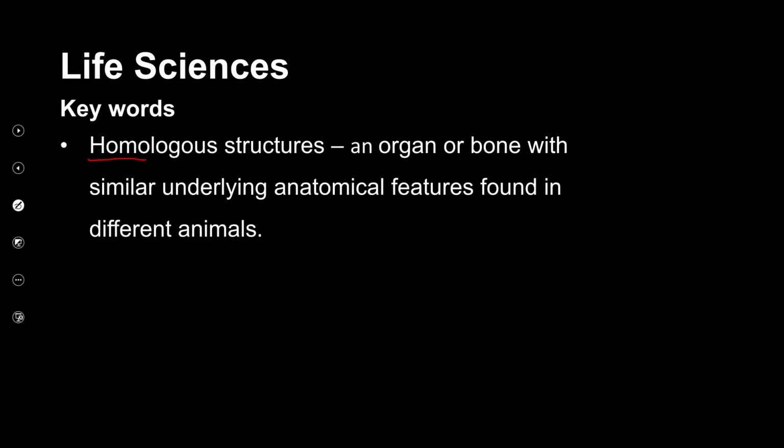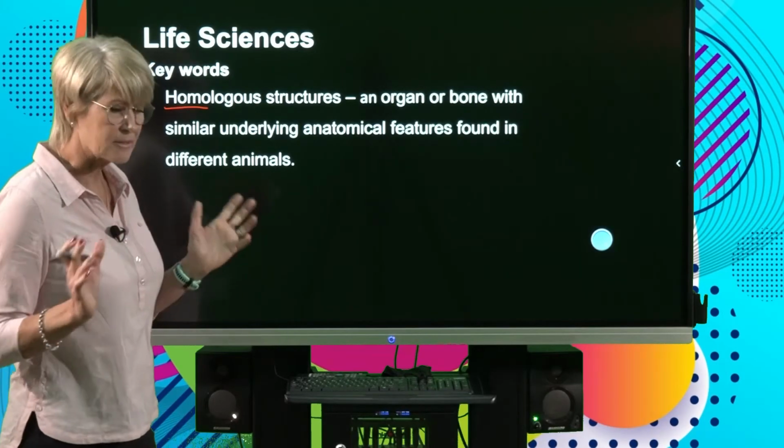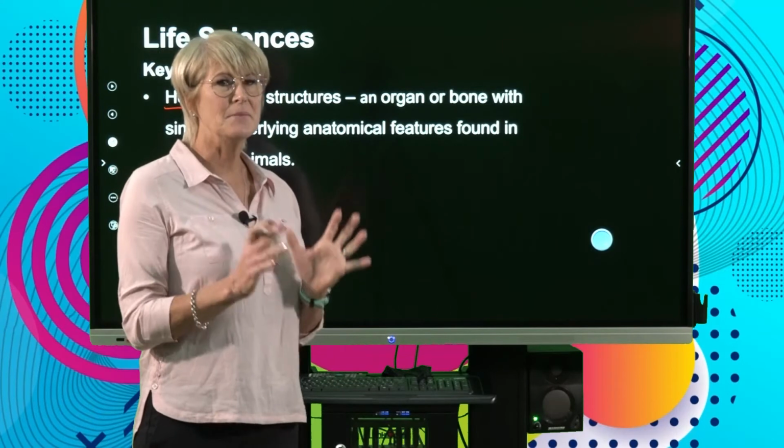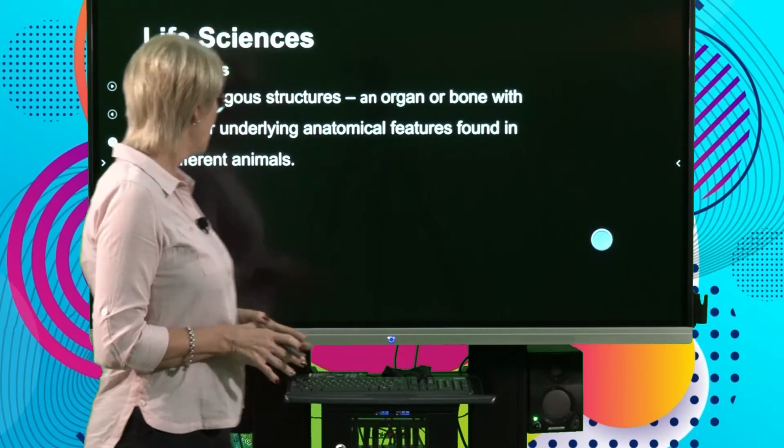So homologous means similar structures. If we have a look at certain organisms, we might find organs or bones that have similar underlying anatomical features that are found in these different animals. So although they look different on the outside, there might be something inside their bodies that is common.